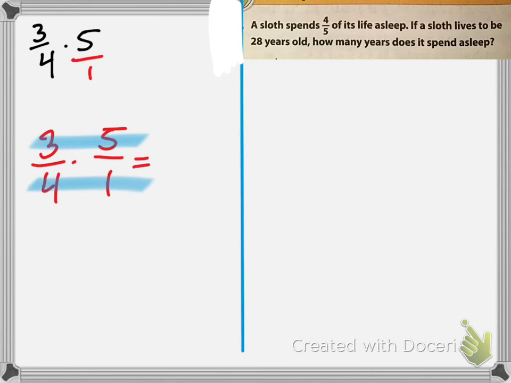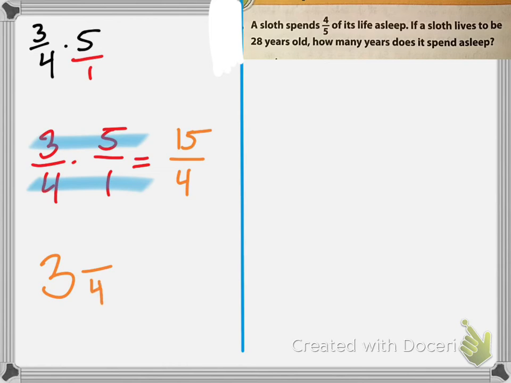We across multiply, Lila. What's 3 times 5? 15. What's 4 times 1? 4. Perfect. You can use the dot method, or you can tell me, how many 4s fit into 15 without going over? 3. We always keep our denominator the same.